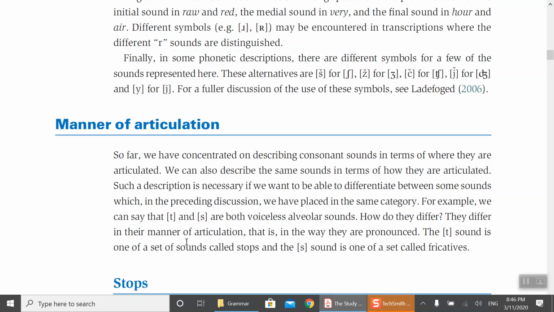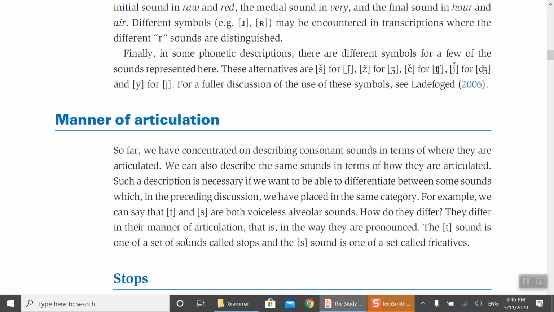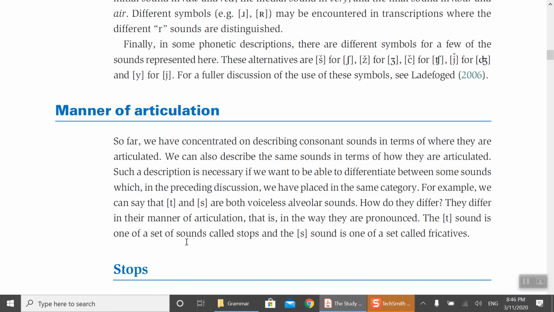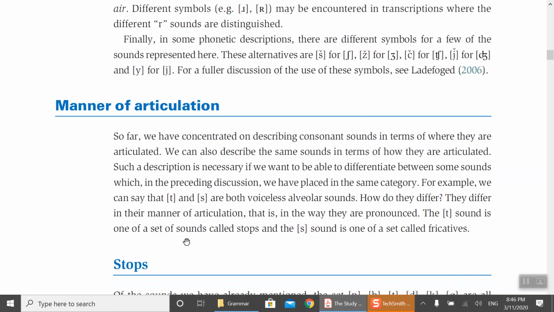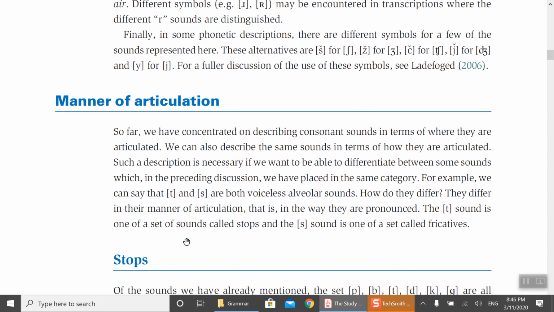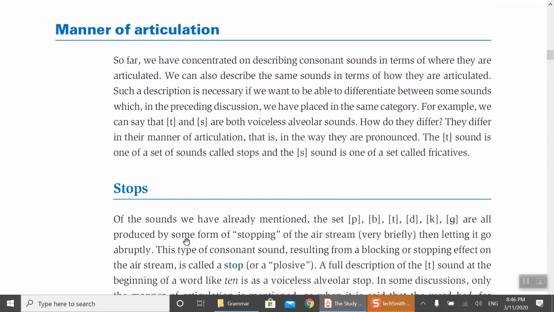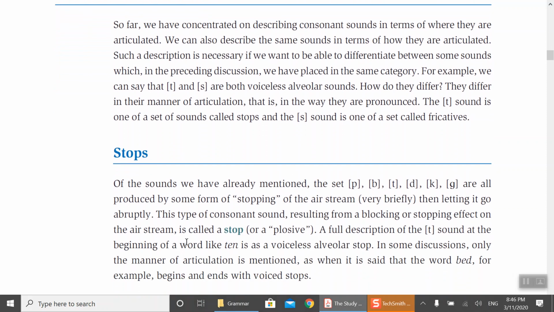That is, in the way they are produced or pronounced. The t sound is one of a set of sounds called stops, and the s sound is one of a set called fricatives, or friction sounds. This is friction, this is stop or plosive. Which sounds are plosive or stop?